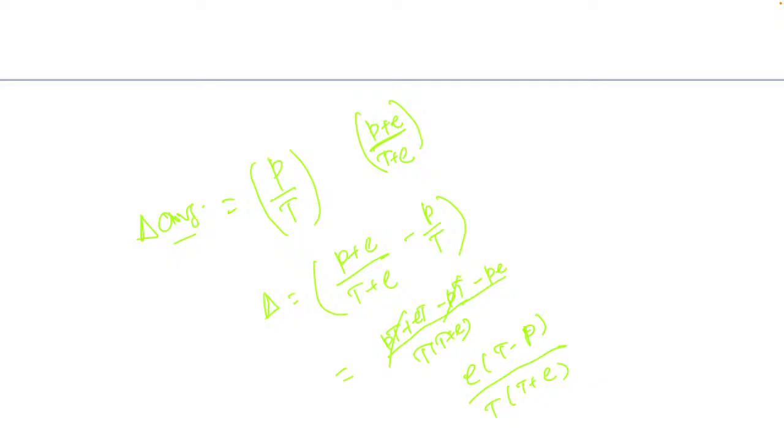So we're calculating the delta here, right? So we can write this like this. What will it become? T will be divided here and E will be divided here.